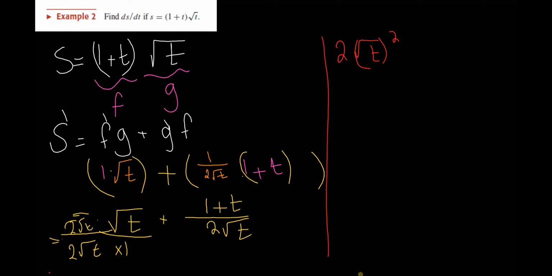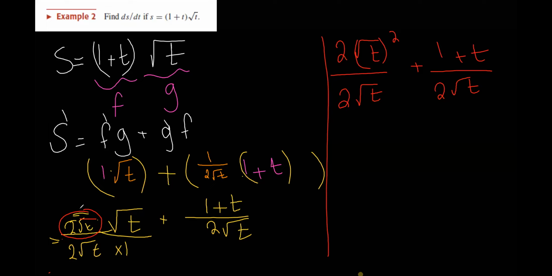Yes, teacher. Square root of t, 2 square root of t times square root of t, it is 2 square root of t squared over 2 square root of t, plus the second one, 1 plus t over 2 square root of t. Then the square root cancels the squared.